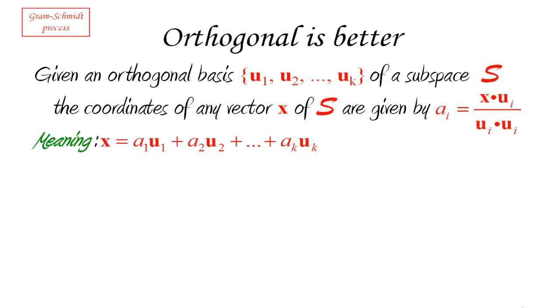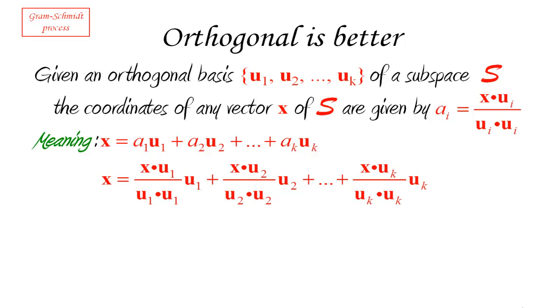So we're trying to give some meaning to this formula that we have found. What we have found is that a1 is equal to the corresponding formula with u1, and a2 is given by the corresponding formula with u2, etc., up to the last one. Now, hopefully, you will remember what each one of those terms actually is. The first term is actually the projection of x on u1.